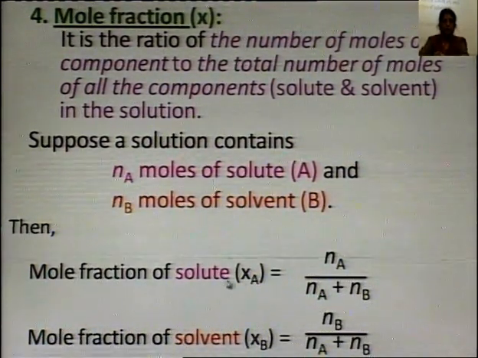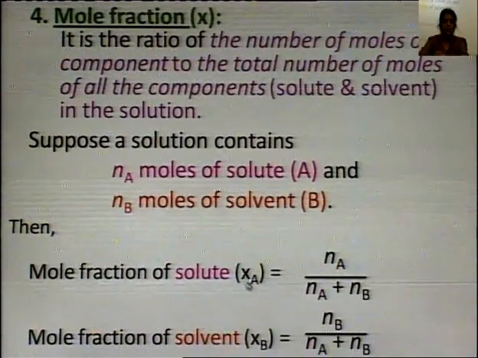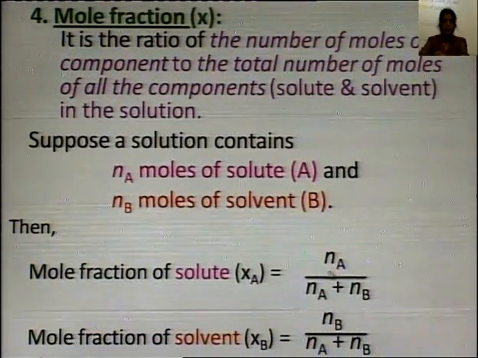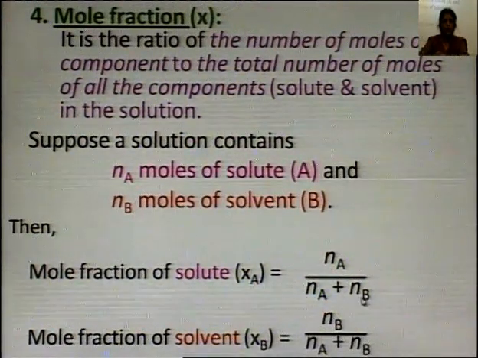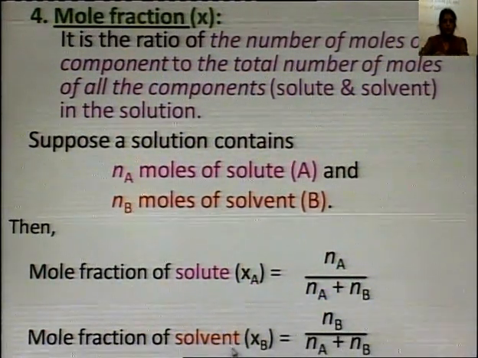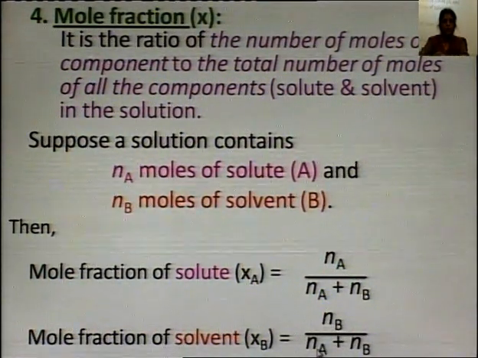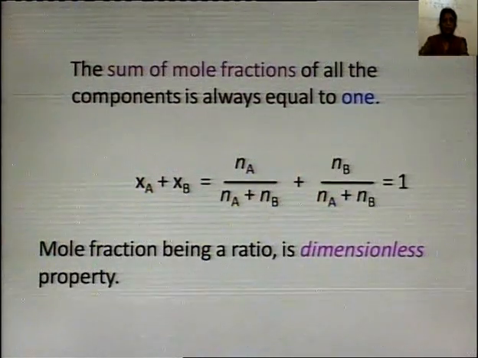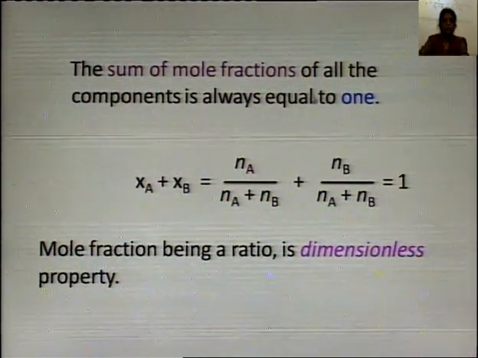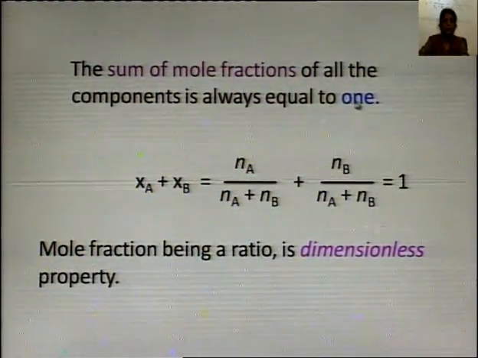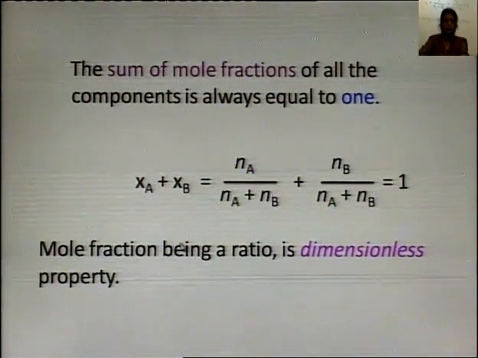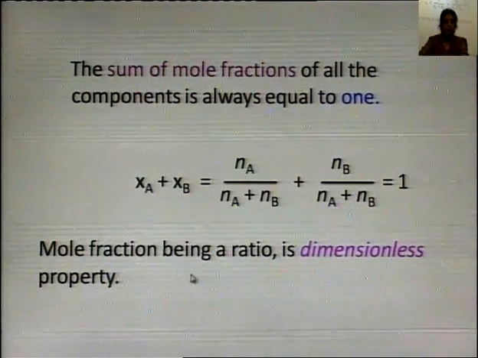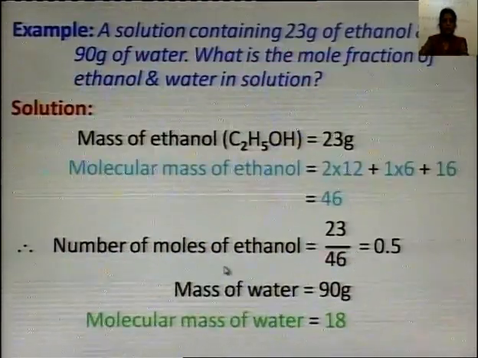Then mole fraction of solute, which is represented as Xa, will be equal to number of moles of solute Na divided by total number of moles Na plus Nb. Mole fraction of solvent will be equal to Nb upon Na plus Nb. The sum of mole fraction of all the components is always equal to 1, Xa plus Xb equals 1. So, it is a dimensionless property because it is a ratio.